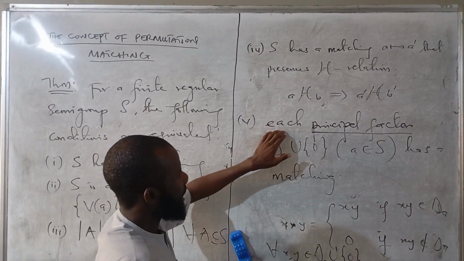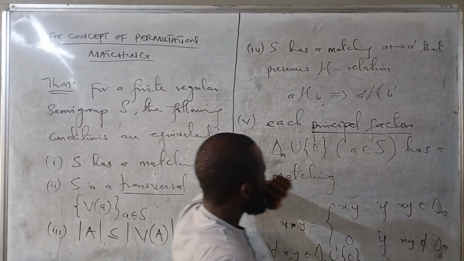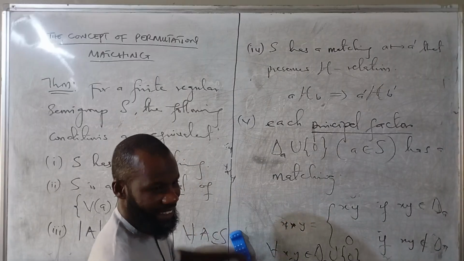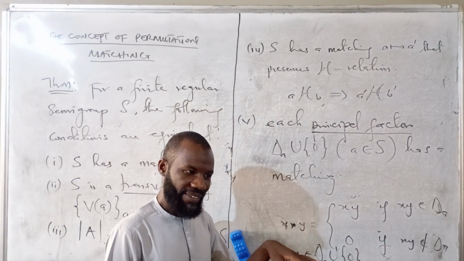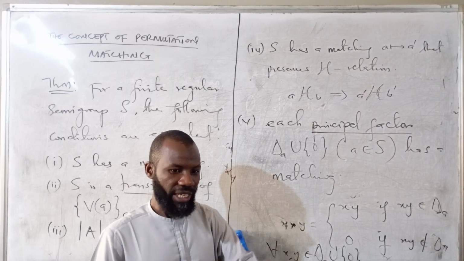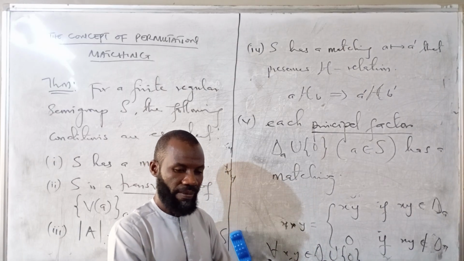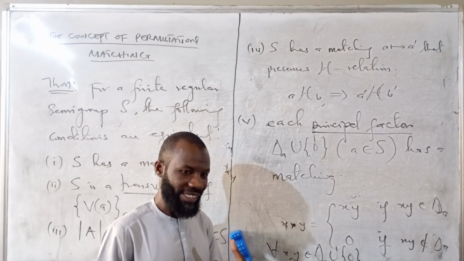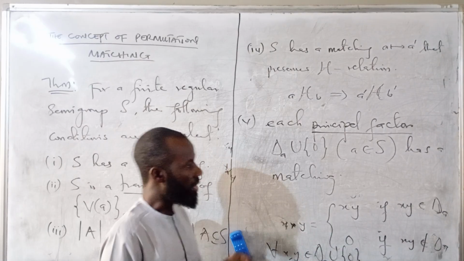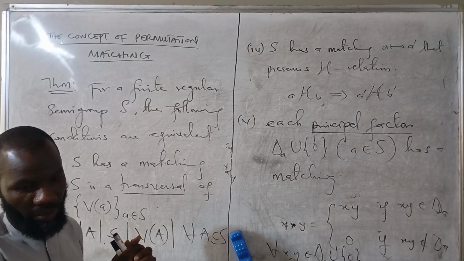So this condition is saying that each principal factor has a matching. Which means just concentrate on the D classes. Take an arbitrary D class with the 0 adjoined. If that D class has a matching, arbitrarily taken, then the entire semi-group also has a matching.